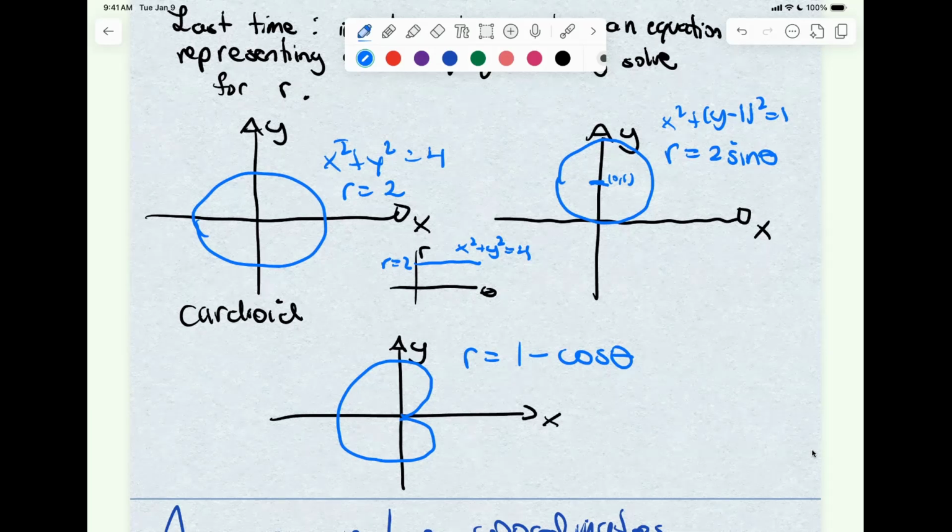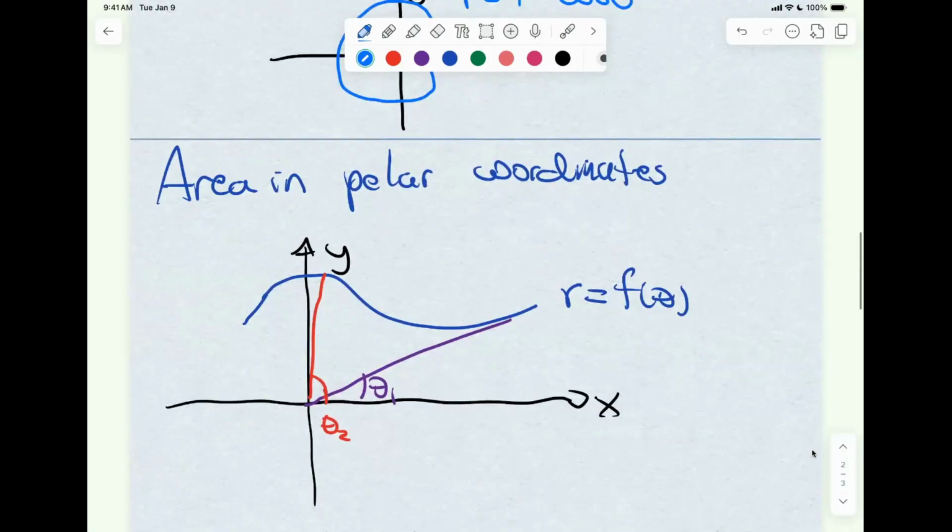Okay, so what I was trying to say is that if you have a curve and you're choosing to write it in terms of polar, the curve is still being drawn on the xy plane.